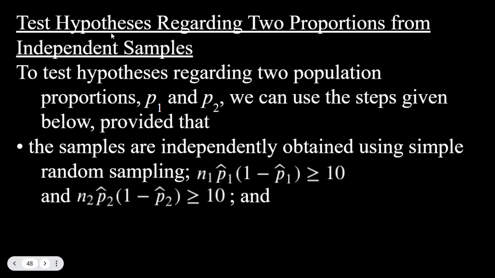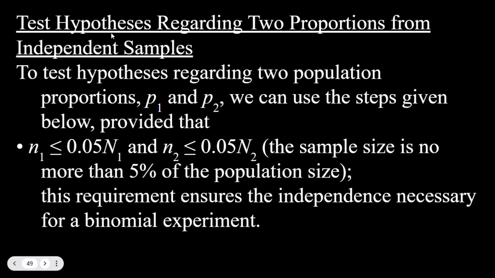To test hypotheses regarding two population proportions, p1 and p2, we can use the steps given below, provided that the samples are independently obtained using simple random sampling, and that for both samples, the sample size times the sample proportion times 1 minus the sample proportion is greater than or equal to 10. We also need to make sure that the sample size is less than 5% of the population size for both of these samples.